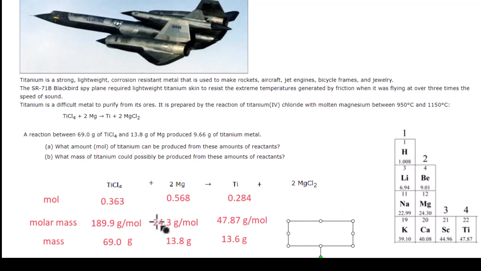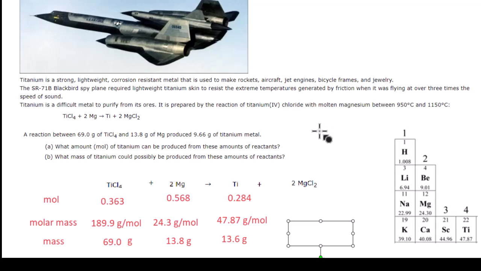Your titanium alloy is going to be all messed up, so you're better off having an excess of titanium tetrachloride. So we've answered our problem: what mass of titanium could possibly be produced from these amounts of reactants? Limiting reactant problem. That's great. Be sure you can work on these and know that little trick of dividing by the coefficients to find the limiting reactant and use that limiting reactant in your stoichiometry.